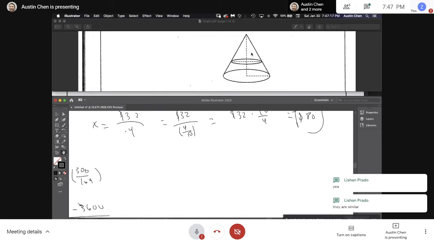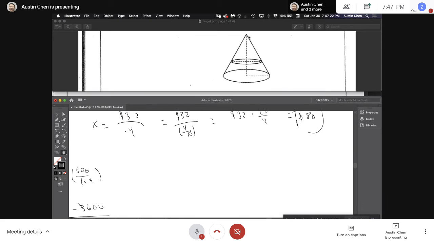Wait, how would you even say two cones are similar? The point you can think of as a... wait, what is it called? Wait, Bill, what is it called when a point is the source of a dilation? Homothety. That's a big word. How do you pronounce that word?